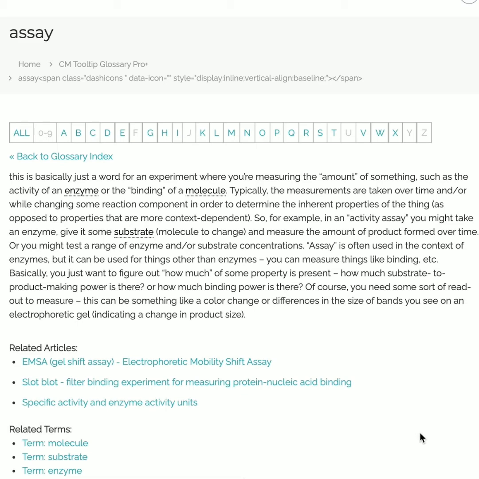And so then you can compare what your band looks like to that band in the different samples, but it's not a true one-to-one comparison. So we call it semi-quantitative. So basically, an assay is not very easy to describe because it can mean so many different things. But when you hear assay, basically just think of some sort of experiment where you're trying to measure something.